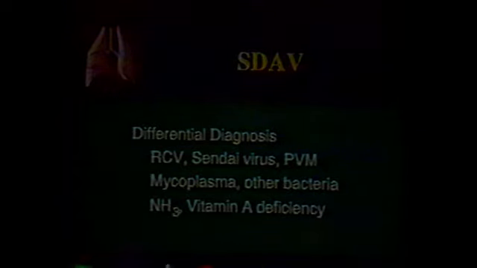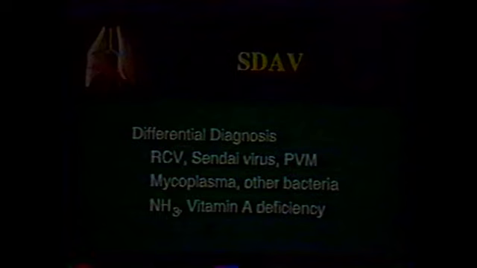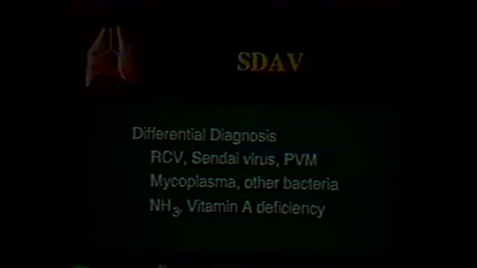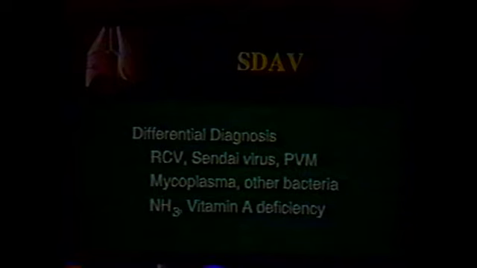The same is true for pneumonia virus of mice, which is now known to infect rats. Obviously, the big one to consider is mycoplasma. Then other bacterial agents, and chronic ammonia inhalation and vitamin A deficiency are problems that may also cause upper respiratory inflammation.